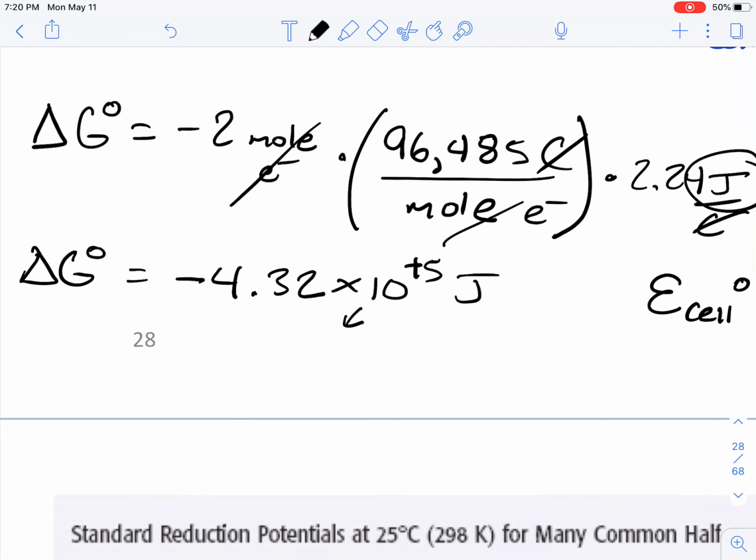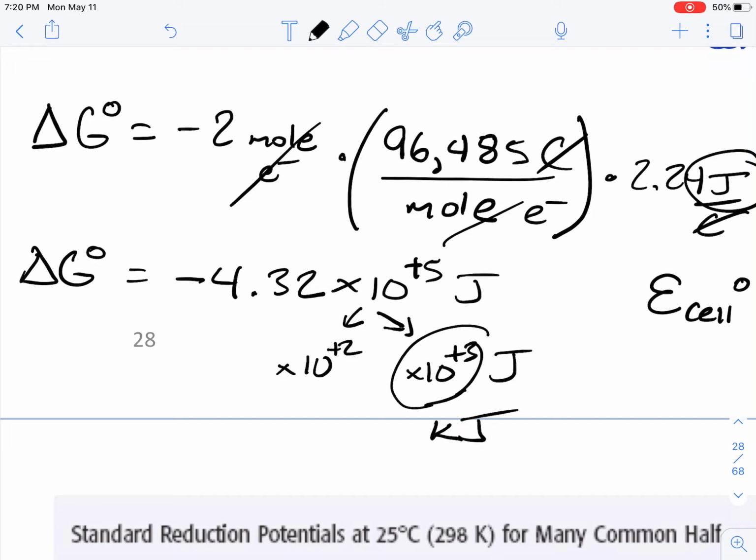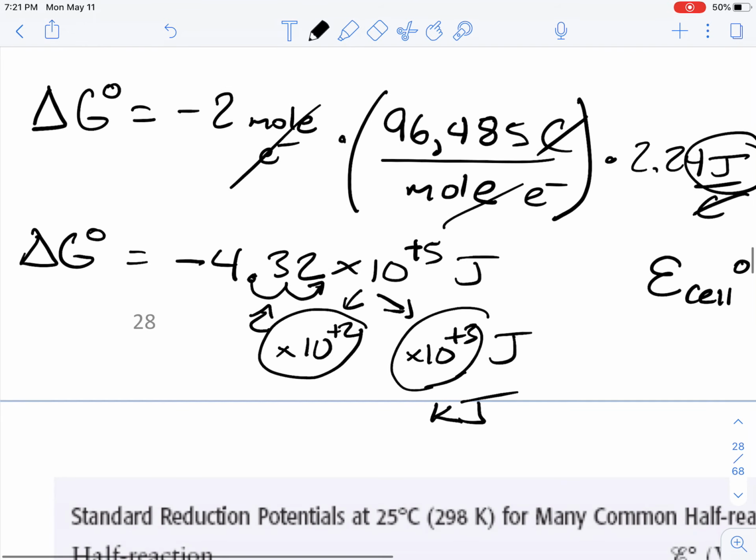And so I'm going to go ahead and break down the times 10 to the positive 5 into two items, times 10 to the positive 2, times 10 to the positive 3. And so I know that this is a kilo. And then the times 10 to the positive 2 lets me know that I can move this decimal place 2 places to the right. And so my final answer is going to be negative 432 kilojoules.